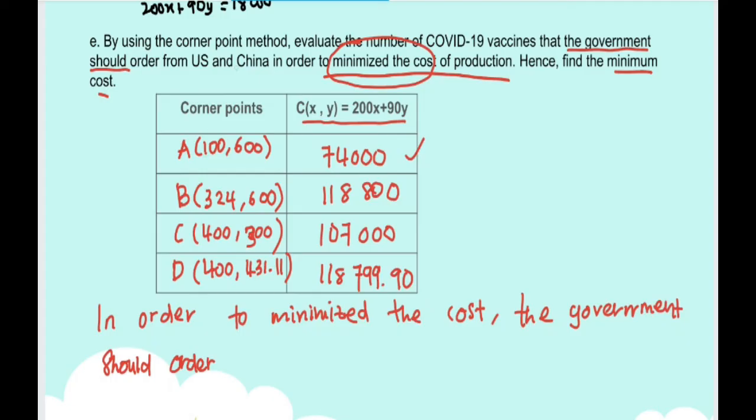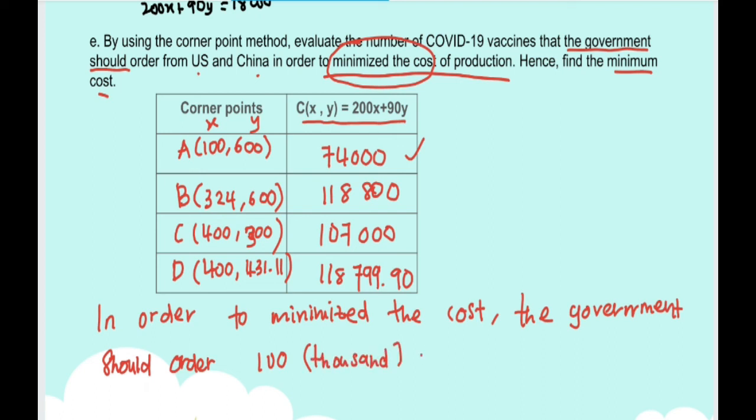Because we already know X is from US and Y is from China. So here is X, here is Y. So they should order 100, because the actual unit of this COVID vaccine is in thousand.